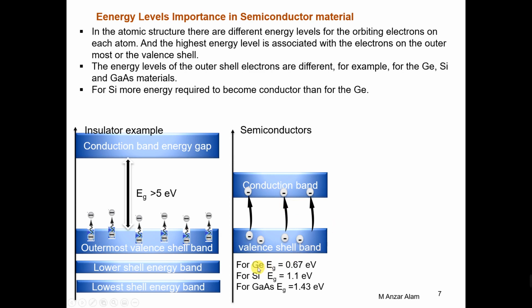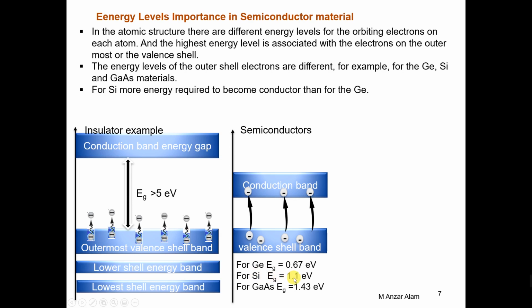For germanium, to overcome this gap, the electrons require 0.67 electron volt. So if we apply enough energy, greater than 0.67 electron volt, then the germanium outer shell electron can jump easily from here to here.